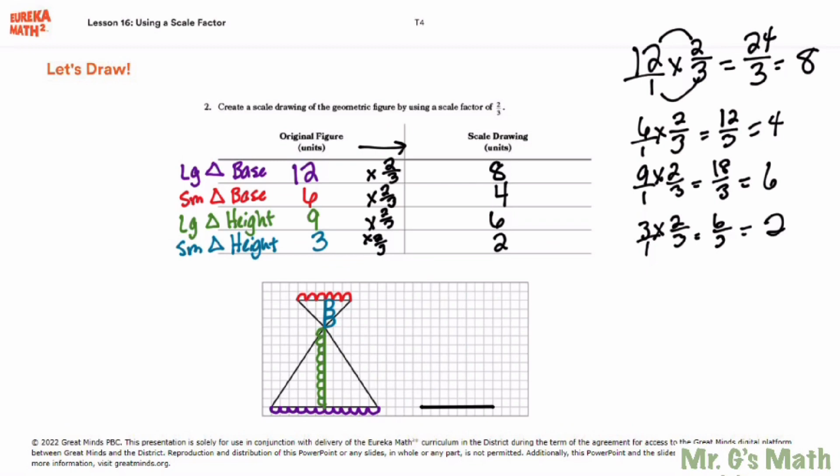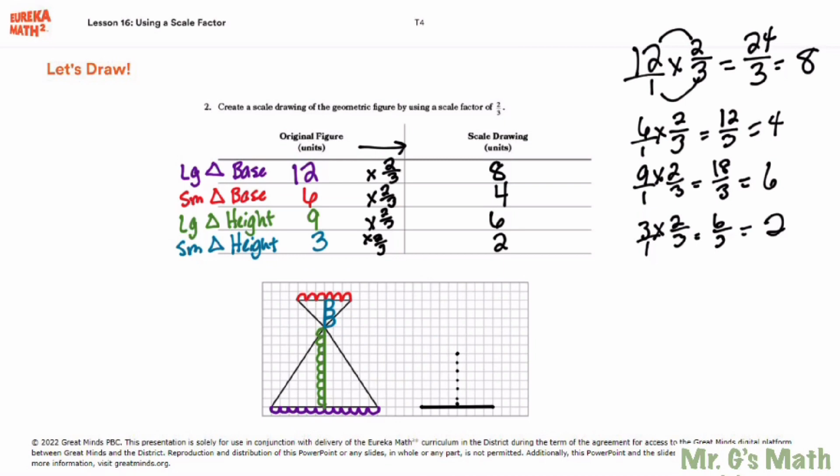To finish this triangle, now I need to see how high it's going to be. So I'm going to go dead smack in the middle of this triangle. The middle of this triangle is sitting right here. Everybody agree with that? Yes. The height of my large triangle is a 6. So I'm going to count up 6 from right there. 1, 2, 3, 4, 5, 6. That's how tall my triangle is going to be.